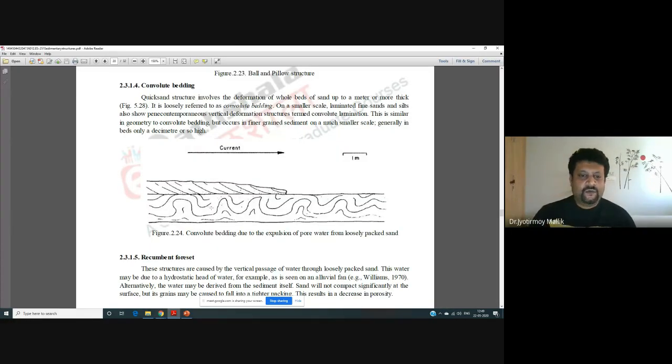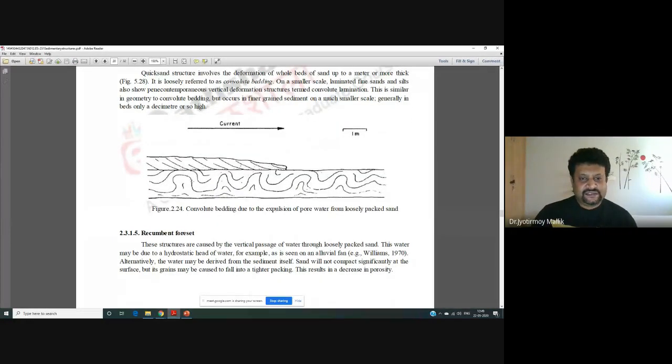But you can see here what is important to show that this convolute folding is extremely restricted only to this layer. There is no deformation here, and there is neither any deformation here. So this is a very typical example of convolute lamination or a penecontemporaneous deformation. Of course, one of the things that you can see, by looking at these convolute laminations and their vergence, you can also determine the direction of current.